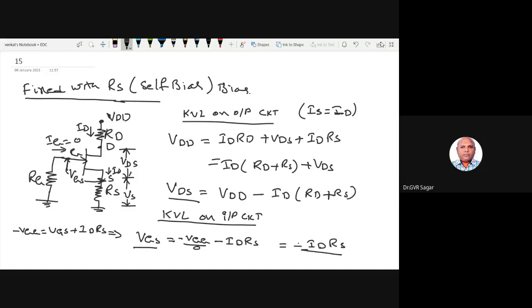We said the channel width comes like this. This is the effective channel width. This effective channel width decreases because the gate junction voltage has increased. Why did it increase? Because the drop in RS is increased, so VGS is equal to minus ID into RS, the drop across RS, has increased. So as VGS increases, the effective channel width decreases, right? Decrease means the flow of charge carriers through this channel decreases.